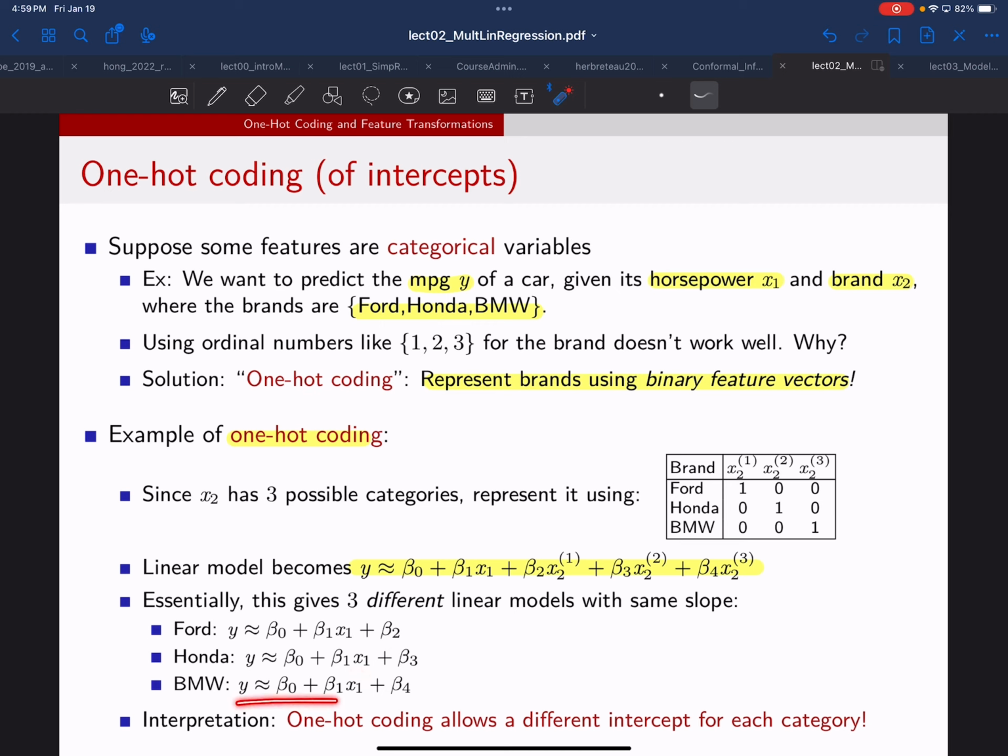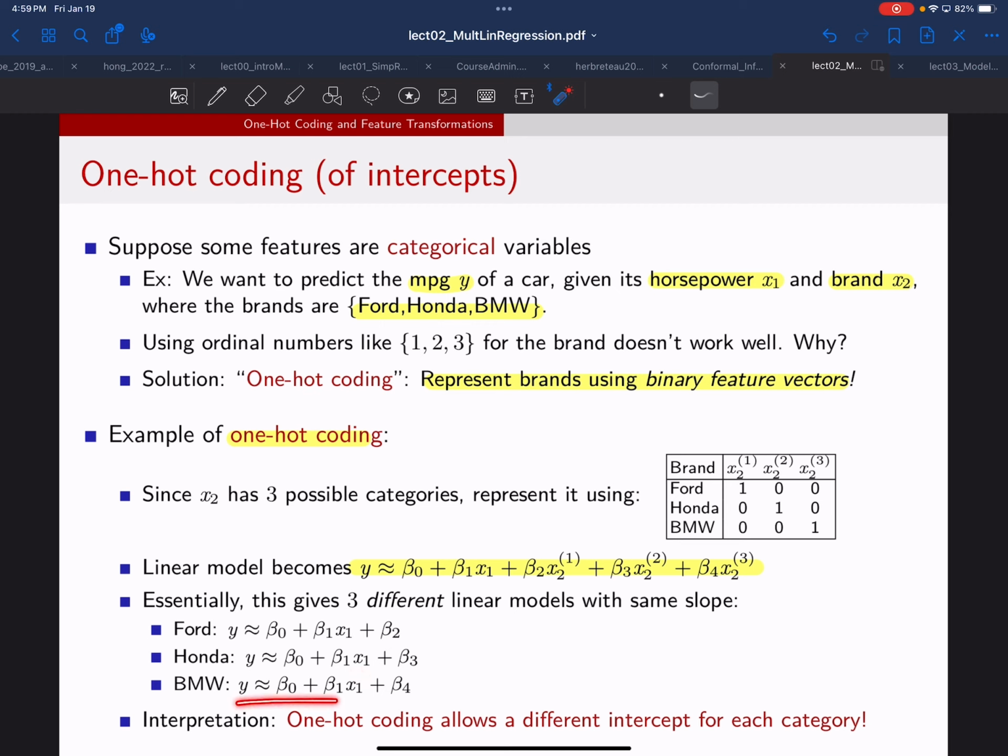So in this case, we're going to multiply this beta 1 x1 by this binary number, multiply beta 2 x2 by this next binary number, and multiply this by the third one. So using the same logic as before, when you have a Ford sample, you get 1, 0, 0. So those go away, and you get this.